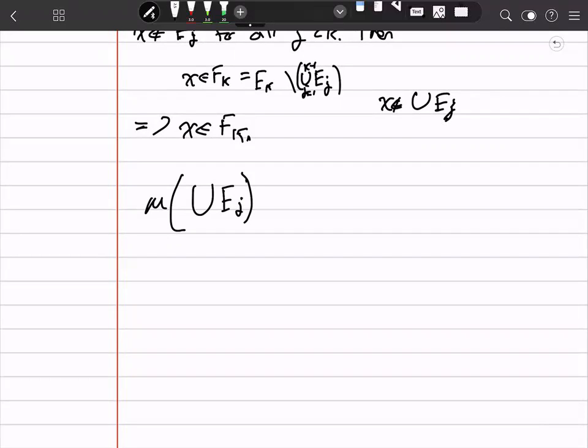That's going to be equal to mu of the union of f sub I, or we could use I here. But we know that these are disjoint, so this is just the sum of the measures of each individual f sub I.